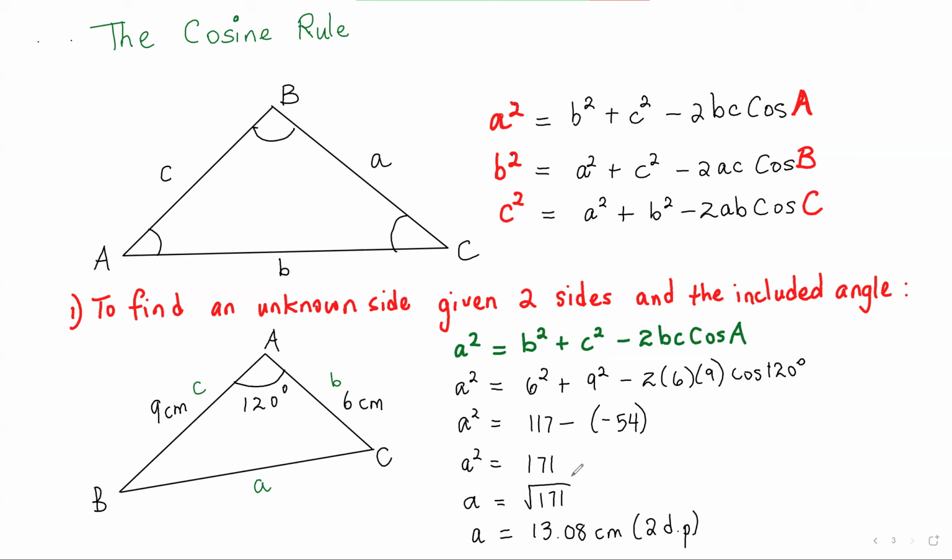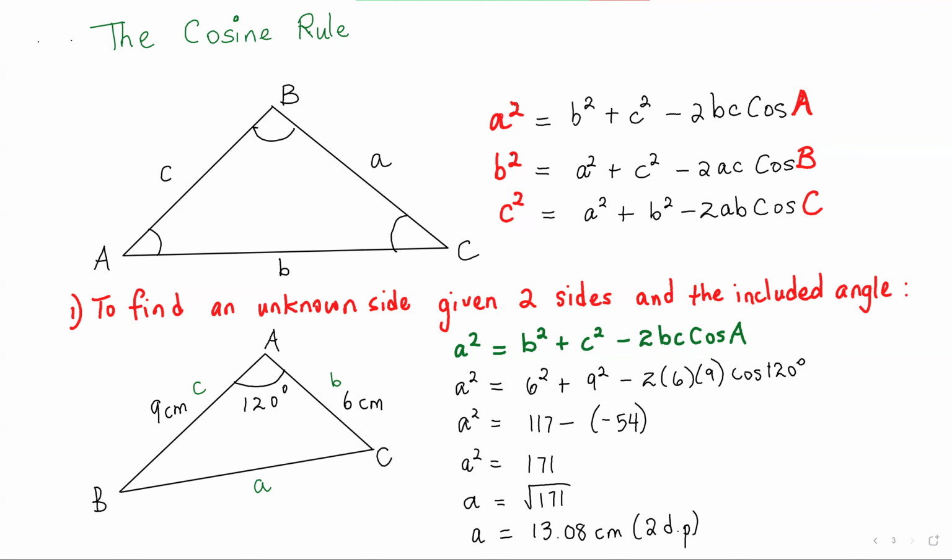And I got 171. And then I just press square root and I get the answer. So you can do that as well. But I just recommend writing out a couple of other steps just in case, you get a few marks for it. Okay? So this is how you use the cosine rule to find an unknown side given two sides and the included angle.